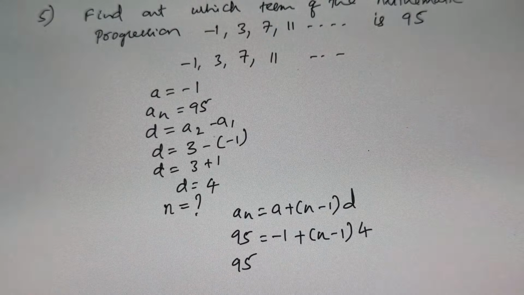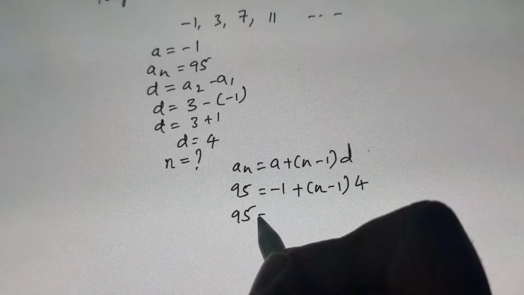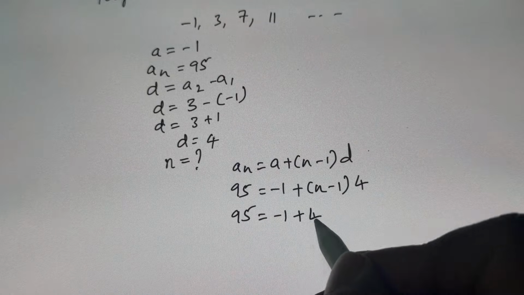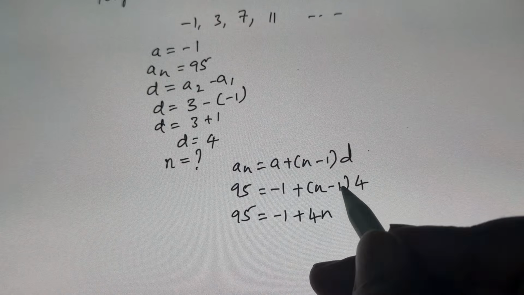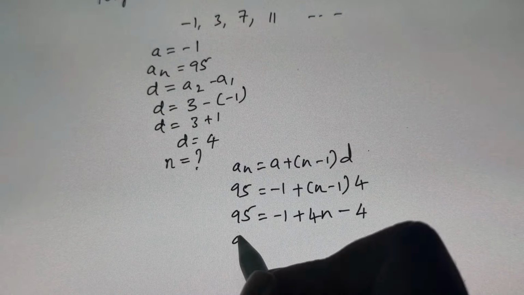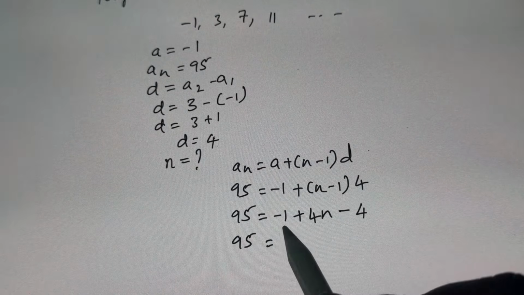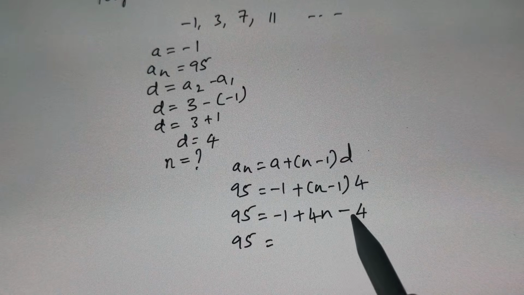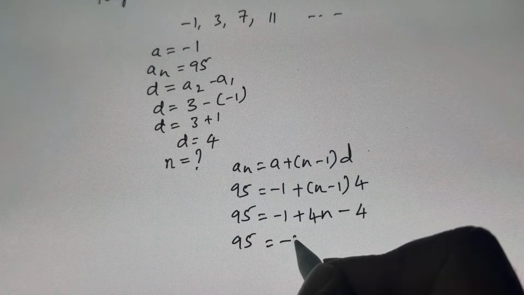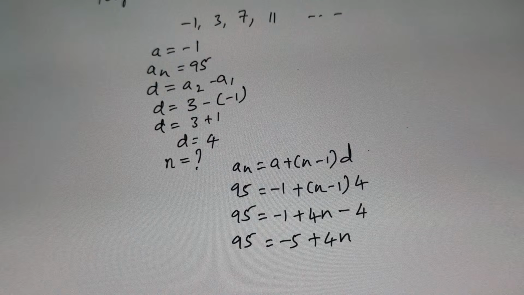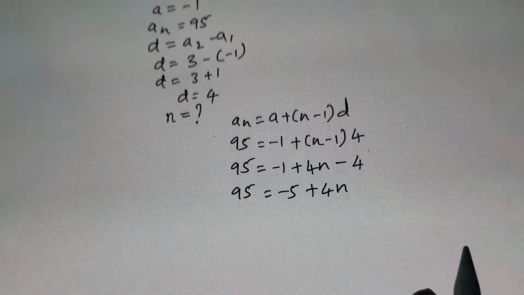So 95 equals -1 plus 4 into n is 4n. 4 into -1 is -4. So 95 is equal to, here you have -1 -4. Same sign, you have to add. 4 plus 1, that is -5 plus 4n.